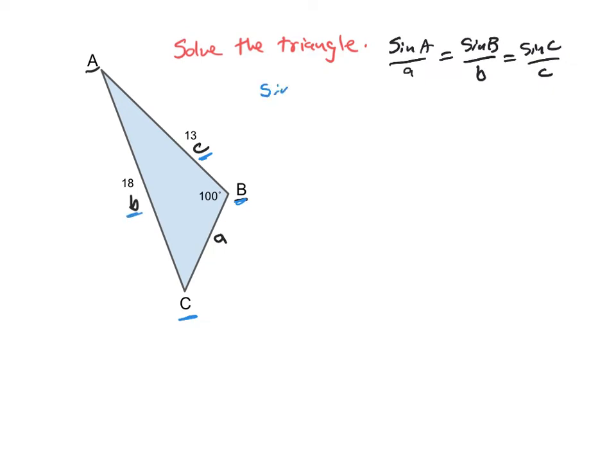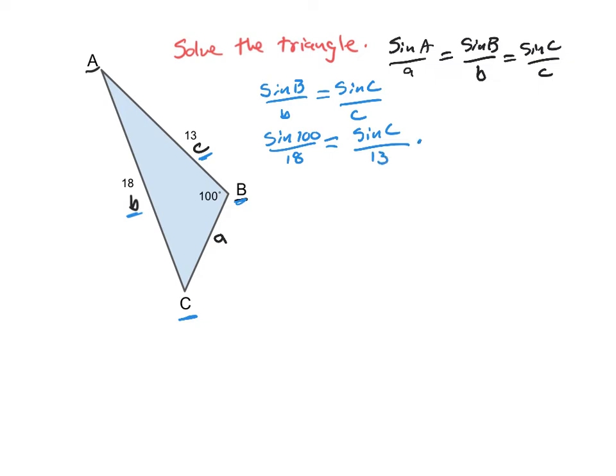So it's going to be the sine of B over b is equal to the sine of C over c. When we plug in our numbers, we're going to get the sine of 100 over 18 is equal to the sine of C over 13.